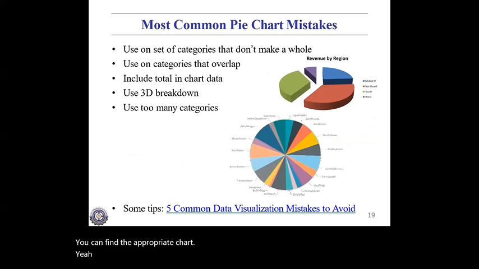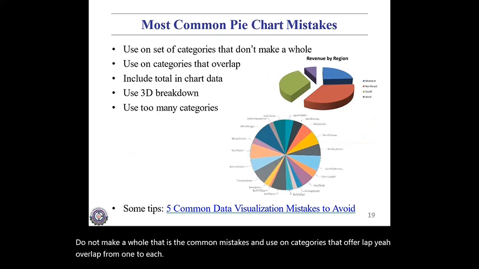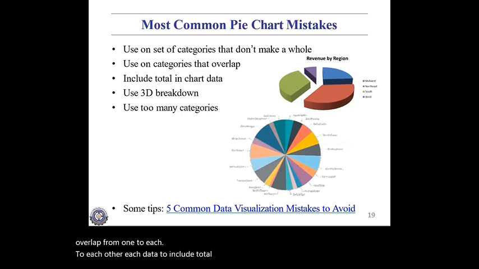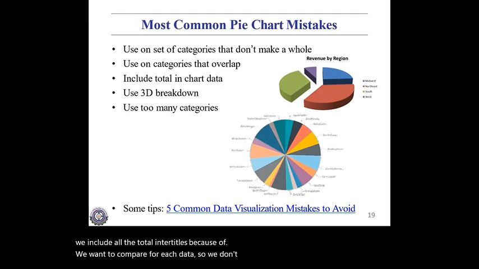These are the most common pie chart mistakes. Using a set of categories that do not make a whole, and using categories that overlap with each other. Including the total in chart data is also a common mistake, because we want to compare each data, so we don't need to include the whole or the total data in the pie chart.